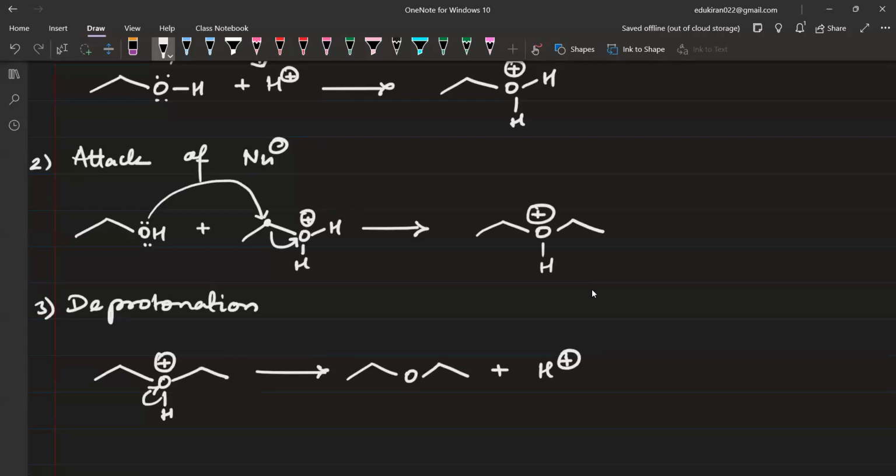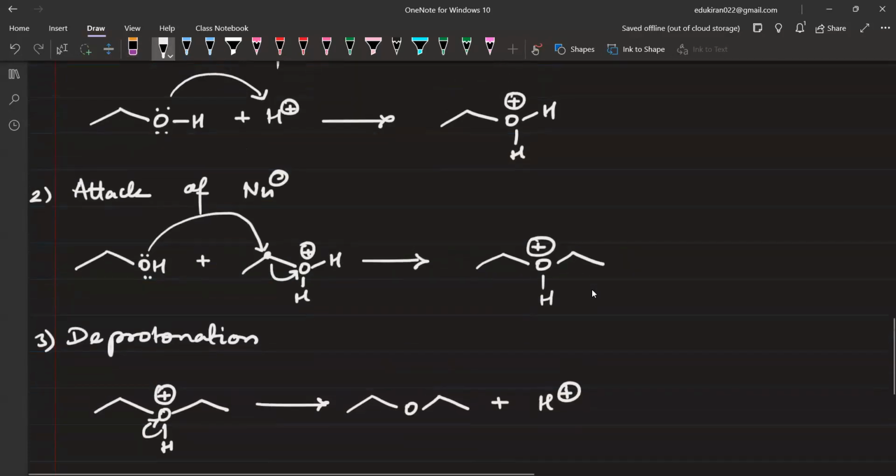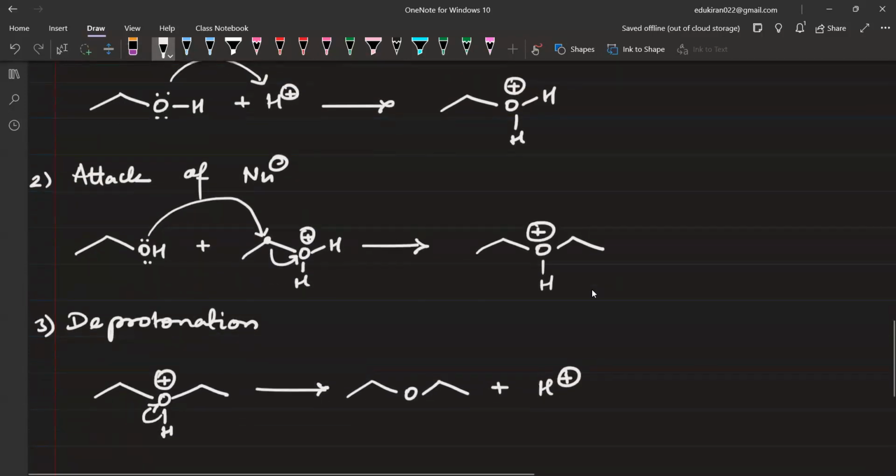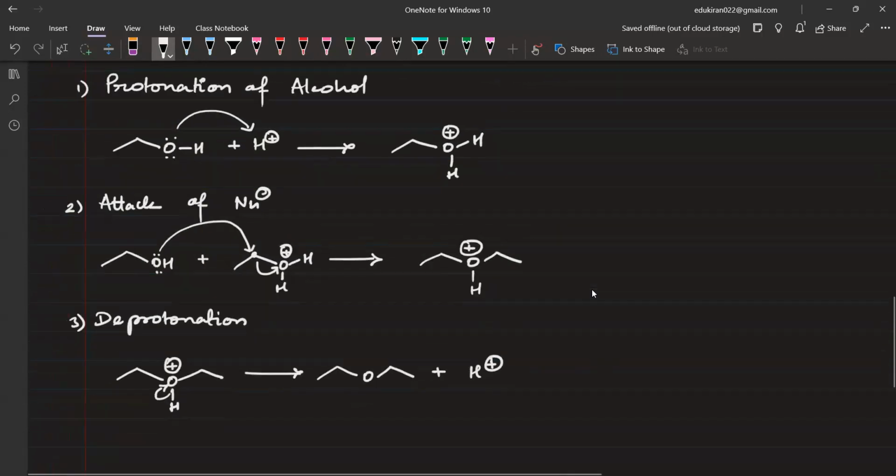Now again, some attack may happen on this hydrogen atom. It will be majority of the times from this alcohol itself, because there will be some alcohols remaining. Those alcohols will attack on this hydrogen atom, and then it will get protonated like this. Okay? So the deprotonation happening here is actually a protonation of some alcohol. Okay? Will you write these three steps?